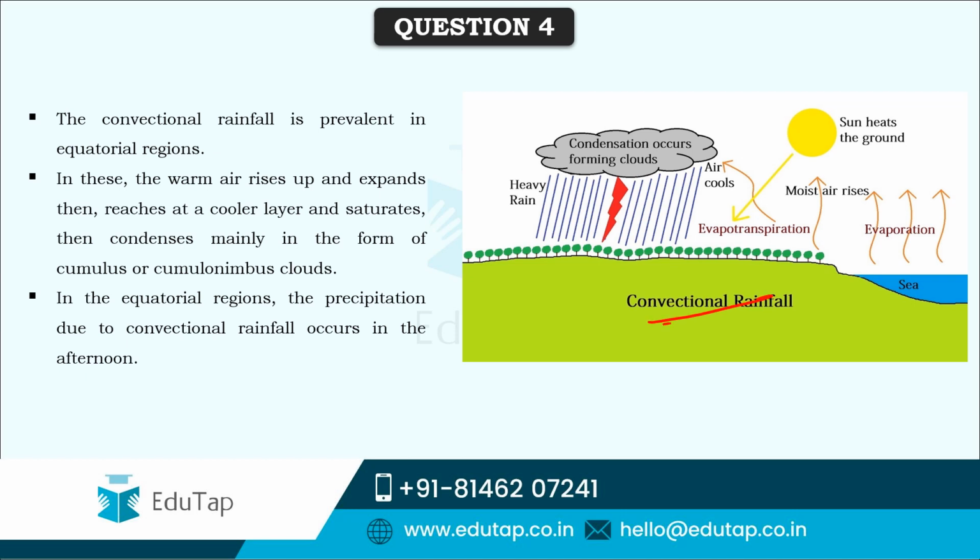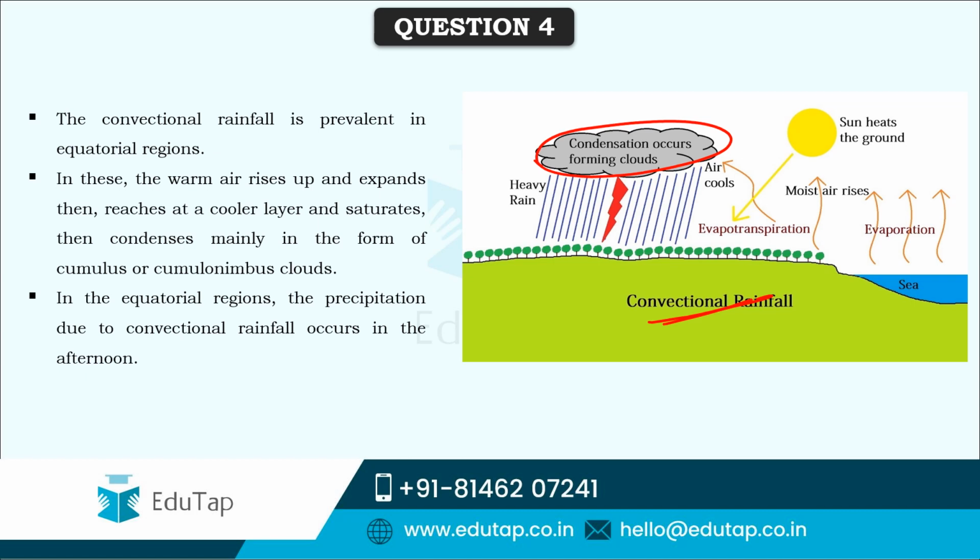Here the evapotranspiration from the flora and the soil, and the evaporation from the sea, make this moist air rise because of the sun that heats the ground and the other water bodies. Now when this moist laden air reaches the topmost layers of the atmosphere, it slowly cools down and condensation occurs, forming the clouds.